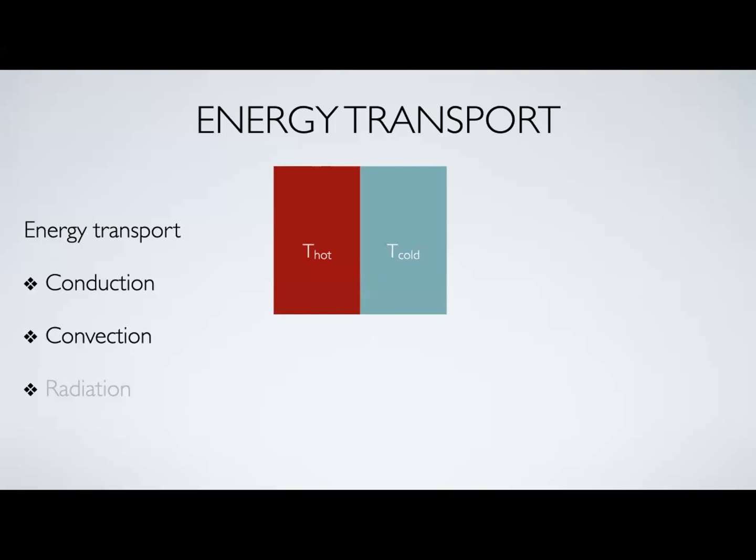In this picture, I have the red side, the left-hand side, which is hotter, at T hot, and on the right-hand side, another solid, which has a lower temperature, T cold.